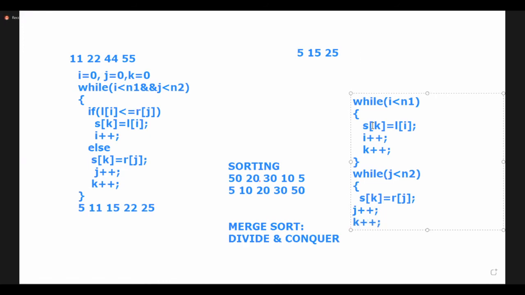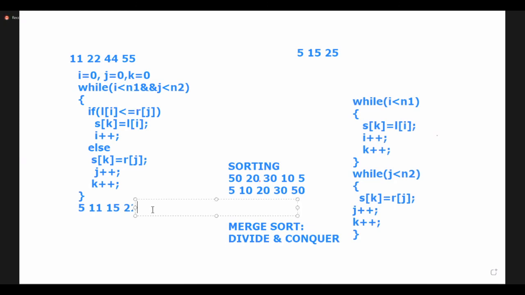Now, in this example, j is equal to n2, so we stop here. The next step is while I less than n1: the I value is 2, and 2 is less than 4. So it copies S of k is equal to L of I. So 44 is directly copied to the sorted array.